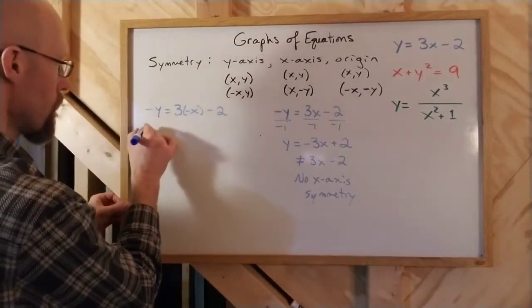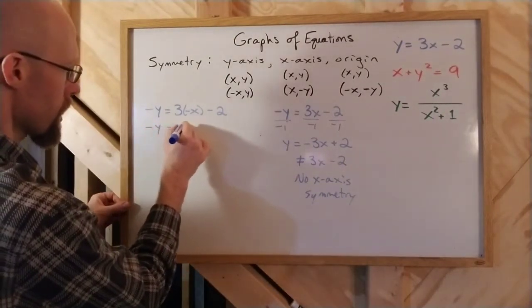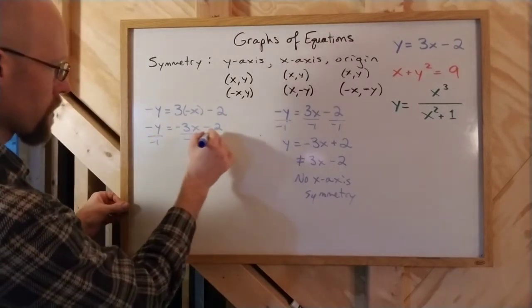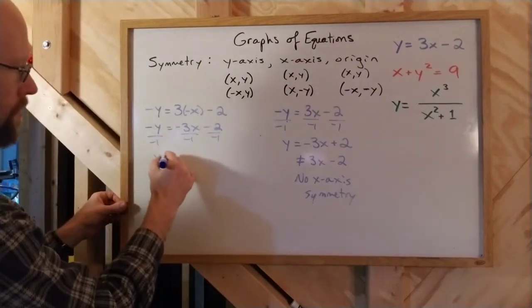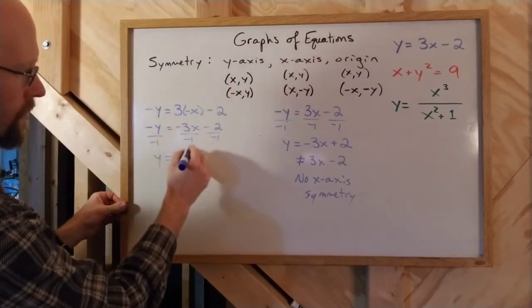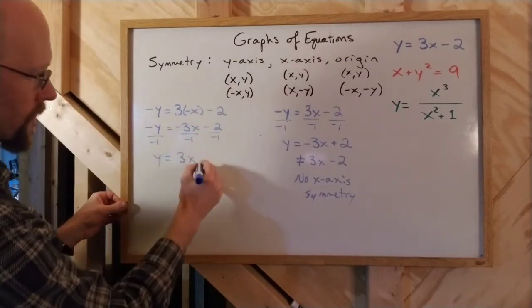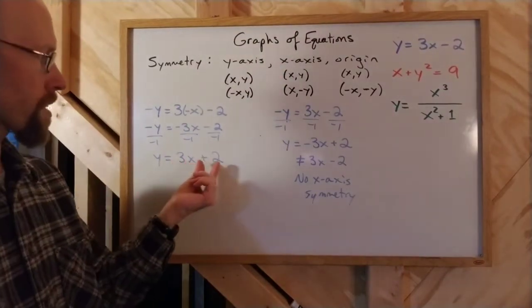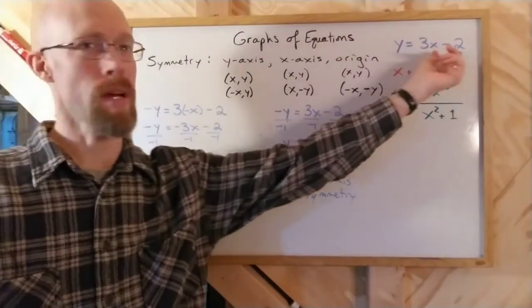So I'll make this negative y equals negative 3x minus 2. Divide both sides by negative 1, and I'm left with, well, the negatives cancel here. That's 3x. Negatives cancel here, plus 2. Well, we're close. It's 3x plus 2 rather than 3x minus 2.